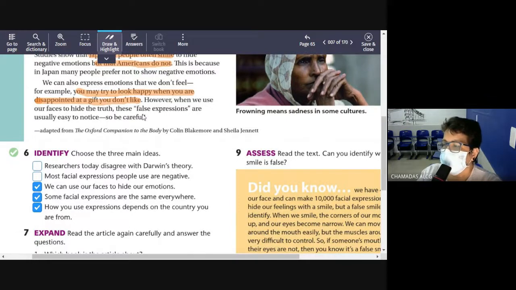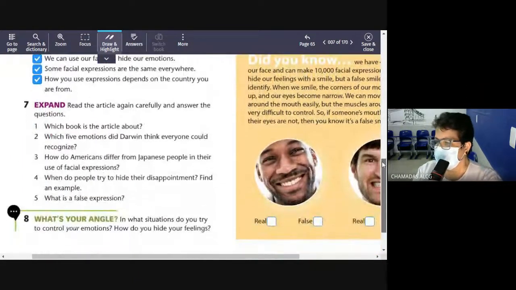But here, look, we need to be careful because false expressions are usually easy to notice, okay? So, what is a false expression? We just talked about it.